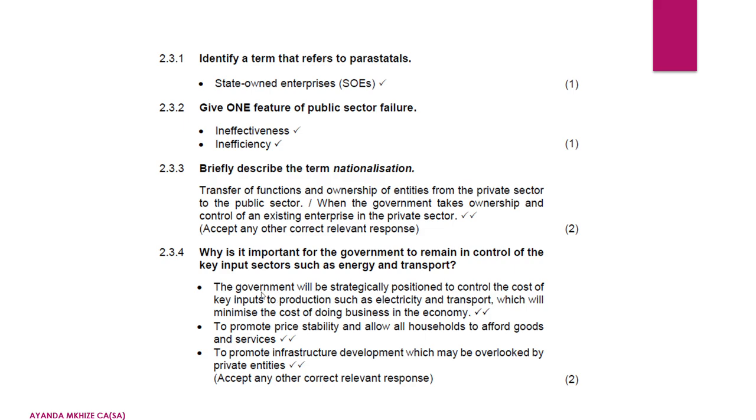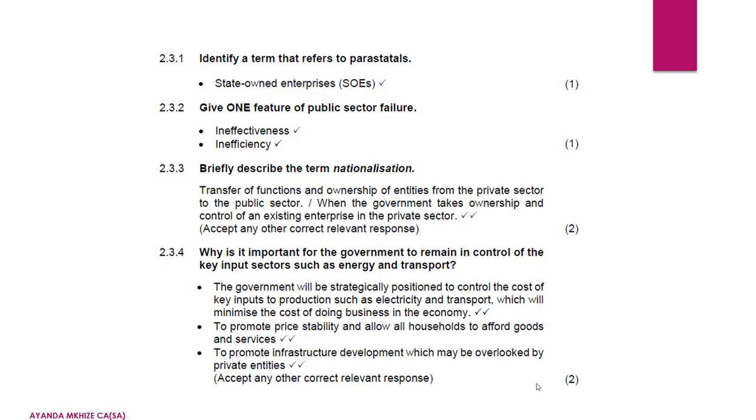Now let us see what we have in the solution. The government will be strategically positioned to control the cost of the key input to production, such as electricity and transport, which will minimize the cost of doing business in the economy. To promote price stability and allow all households to afford goods and services. To promote infrastructure development, which may be overlooked by the private entities. So you are only going to get 2 marks.